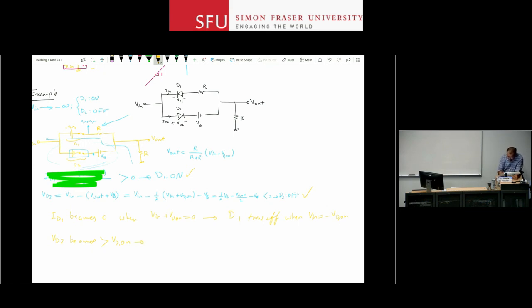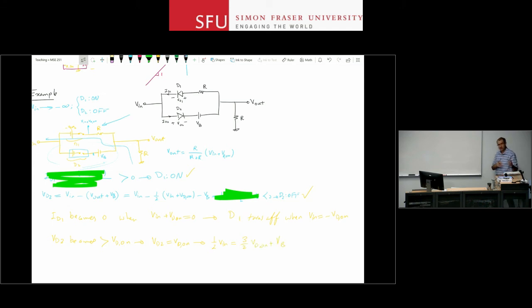So again, in this case, I use this equation here to see when that happens. So set VD2 equal to VD on. From here you can see that half V in should be equal to, move VD on to the other side of the equation, 3/2 VD on plus VB.